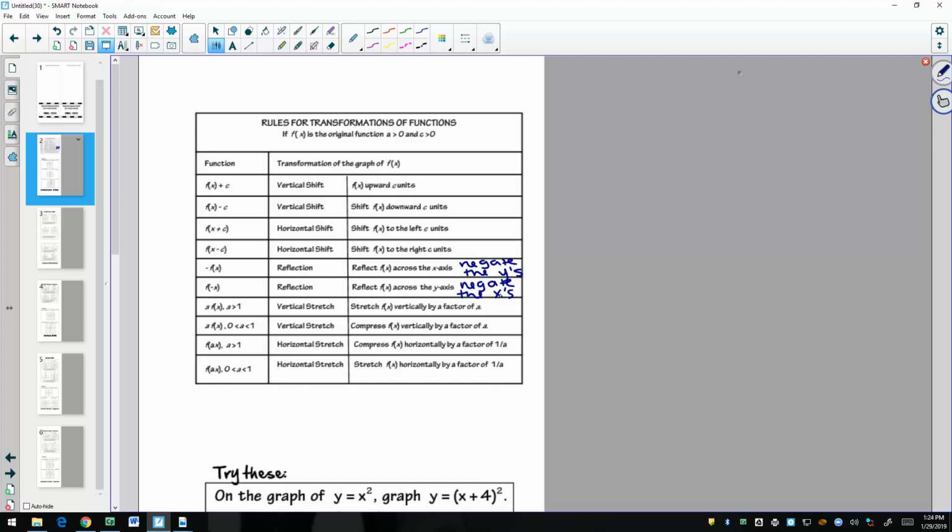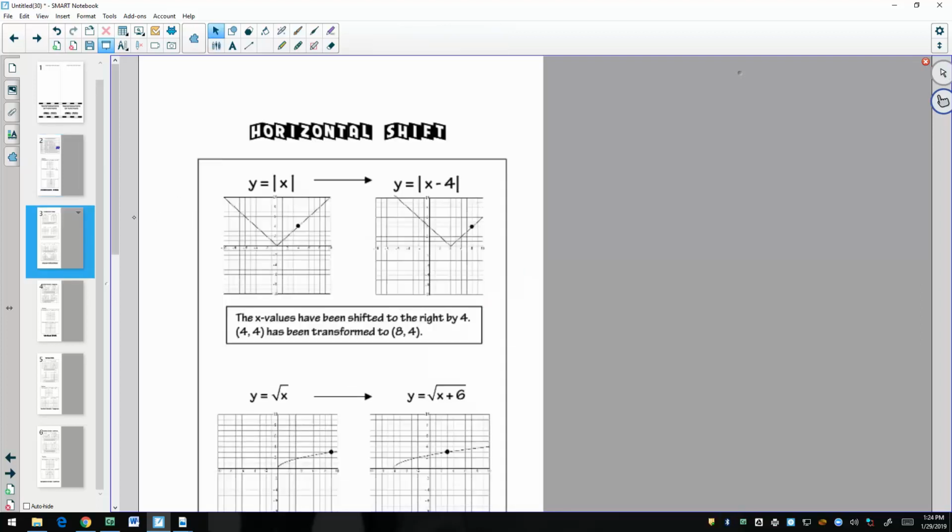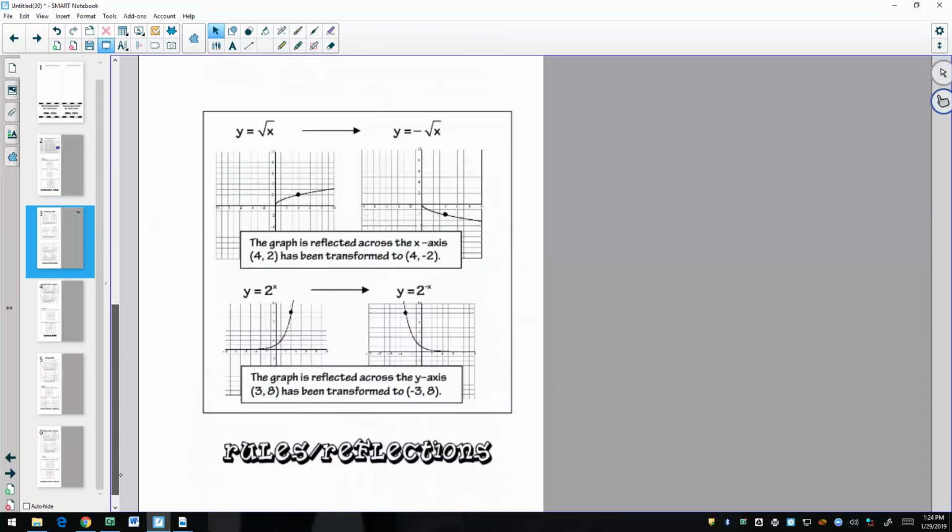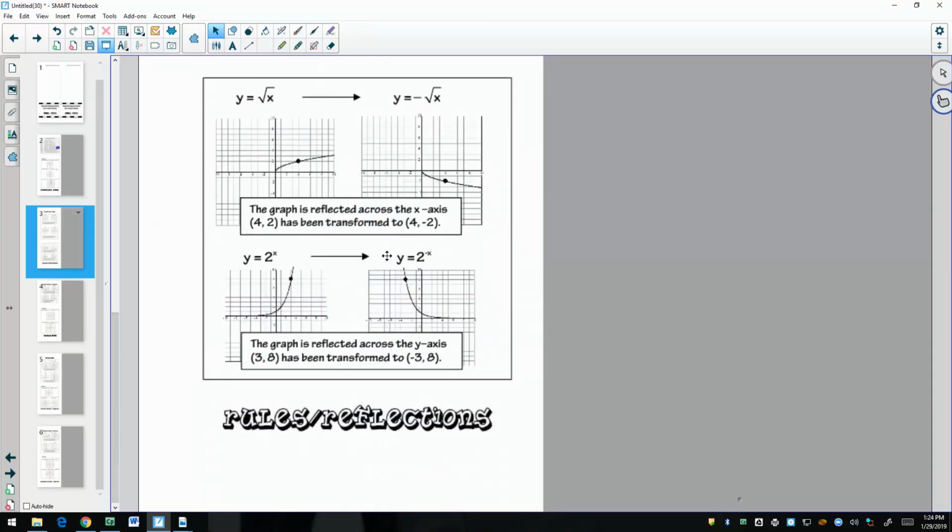Now if you look down at the second part of that tab, the rules and reflections, which for me, sorry, that is at the bottom of this page, so you should be on this page right here. The first example asks you to reflect across the x-axis. To reflect across the x-axis, here's what I would do in my head. I would take the equation here, and I'm going to negate the y.